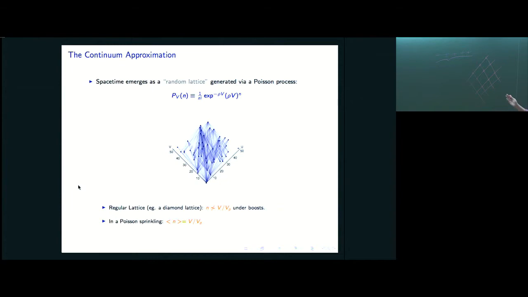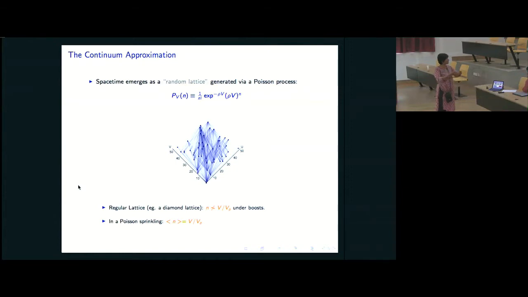If I boosted it, that would no longer be true. There would be no relationship between the number of elements and, say, this continuum space-time volume. If I boosted it, it's possible to shift all these points out of this region. So regular lattices are not going to satisfy the number to volume relationship that is essential in trying to recover space-time.